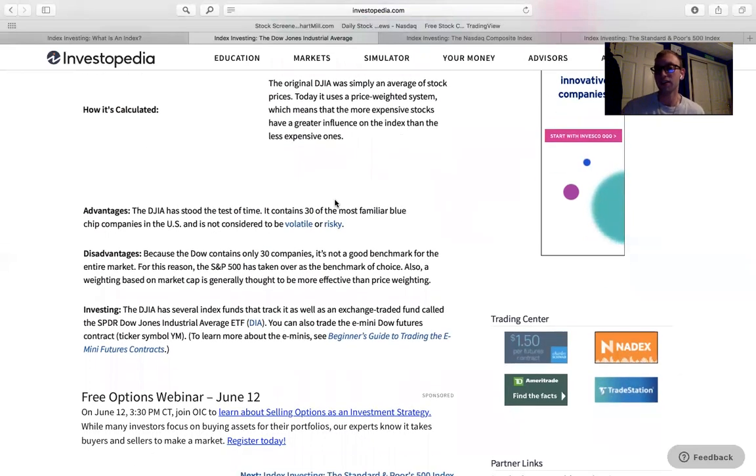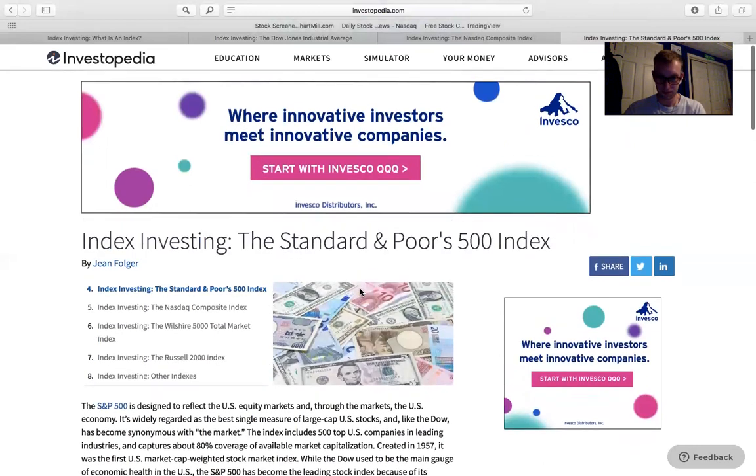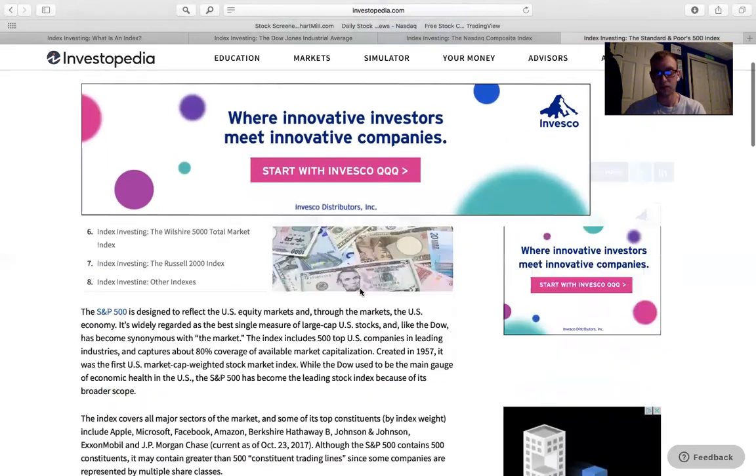But the disadvantage is there's only 30 of them. So it's not as good of a benchmark as it once appeared to be, but it also is very good at the same time. Now, we're going to move on to my personal favorite, which a lot of people view as the benchmark, including a lot of higher up people, the S&P 500.